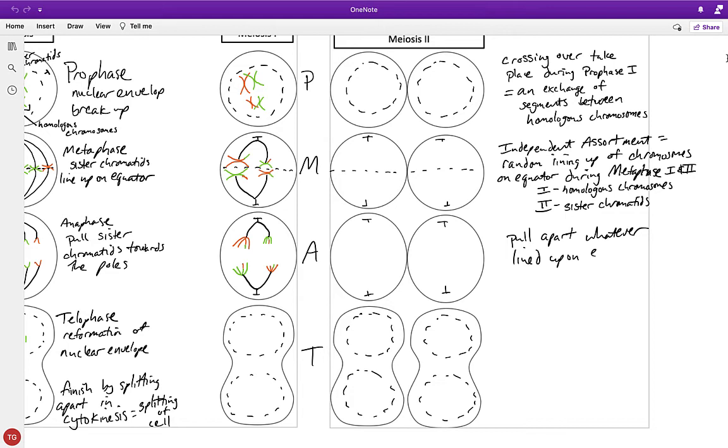And I'm going to have up top this homologous pair, that is mostly orange, but has a little bit of green on it. And then I'm going to have next to it a small version that is mostly green, but will have a little bit of orange.